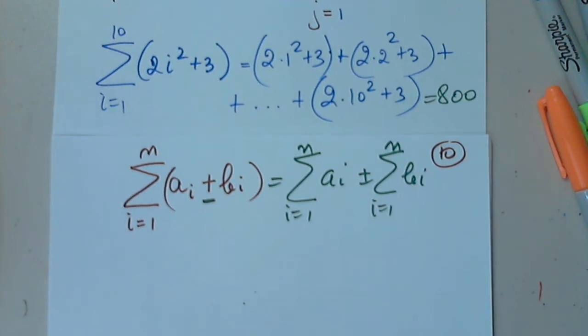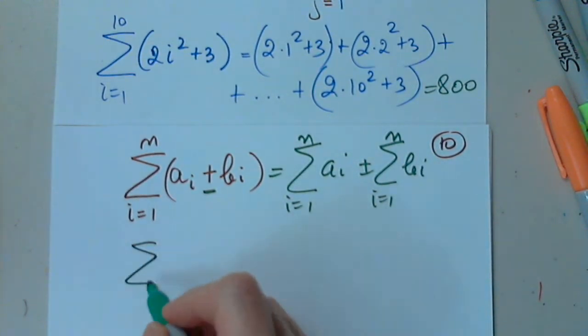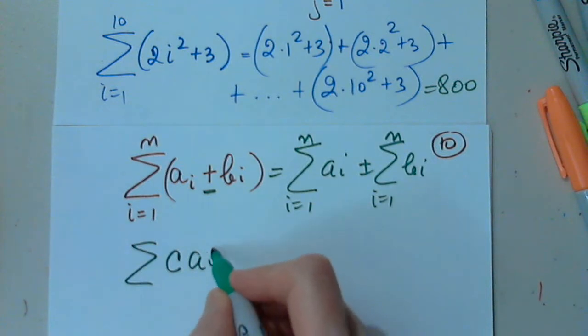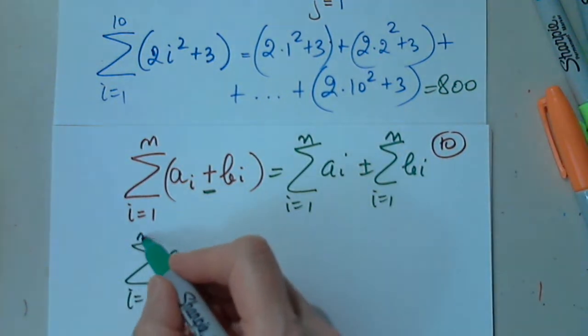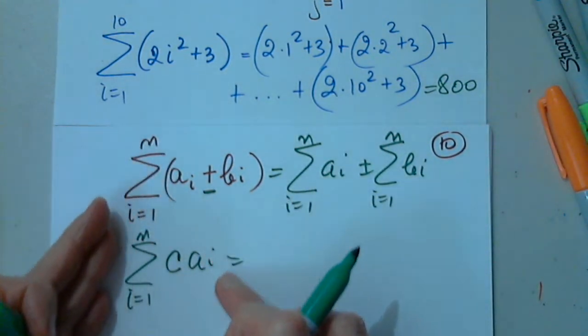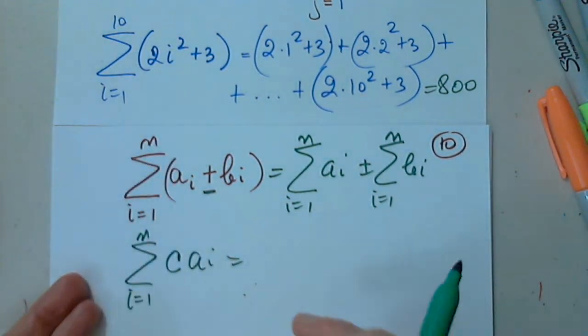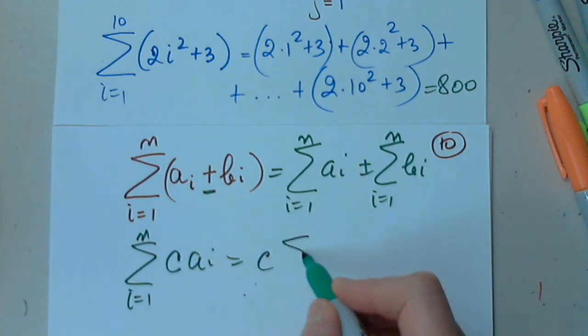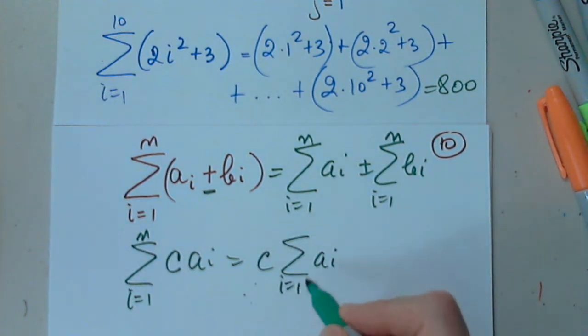Okay, one more property. The sum of a constant times a_i from i equals 1 through n: the same thing we had with the limit, we put the constant outside. The same thing we had with the derivative, we put the constant outside. Exactly the same.